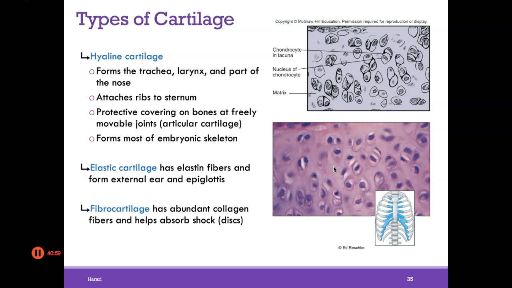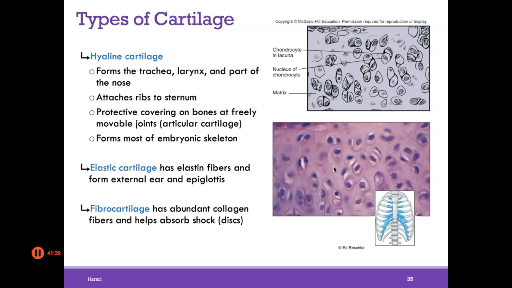So in between our vertebrae, we need to have a lot of shock absorption. So that collagen, along with the cartilage, provides a lot of strength and support. So as we're moving around and walking, we have enough support between our vertebral column bones. So again, it's really important to absorb any shock.